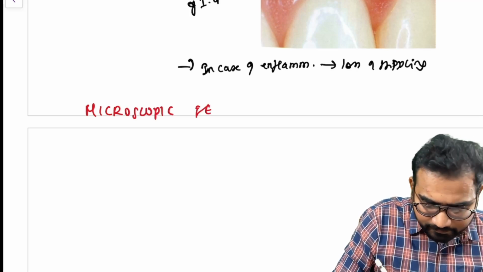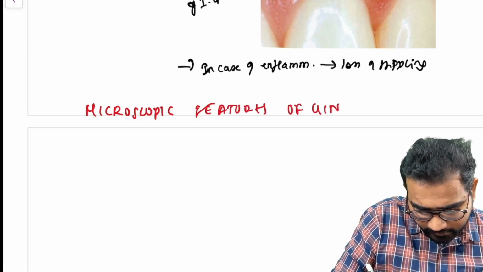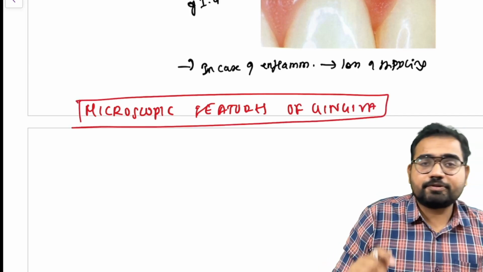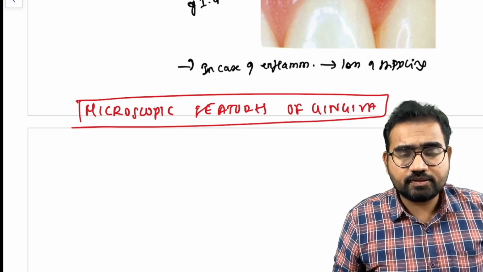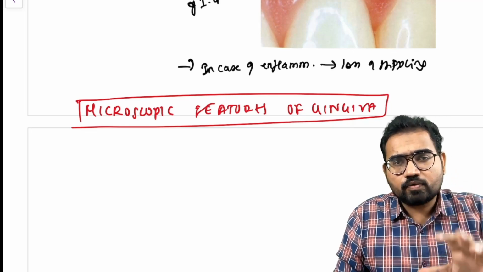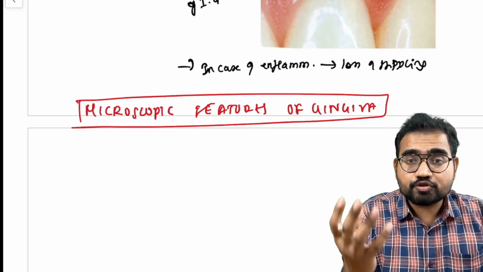Now imagine, all the structures which you have seen till now can be seen through the naked eye. That is why it is called macroscopic.